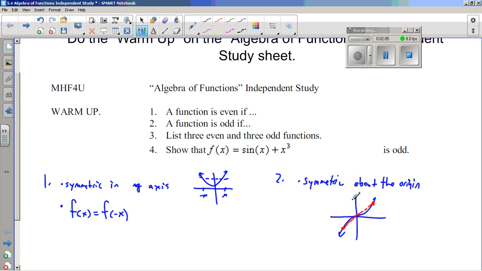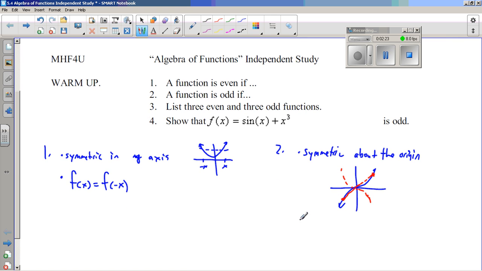Lots of people also say that it's symmetric about both axes. If I flip it this way, then it'd be kind of like this. That's the halfway. And then I flip it this way, and I got the original graph back. Some people think of it that way, and you're welcome to do that. Again, the more algebraic way to think of an odd function is that this statement is true.